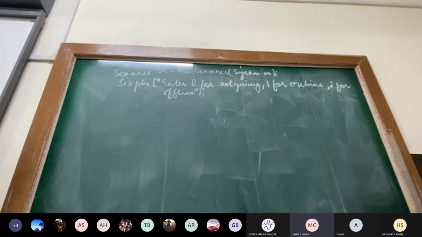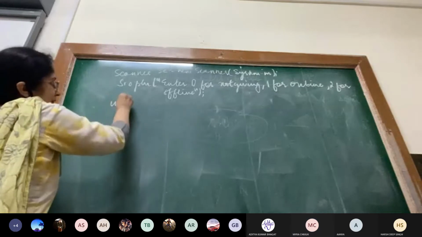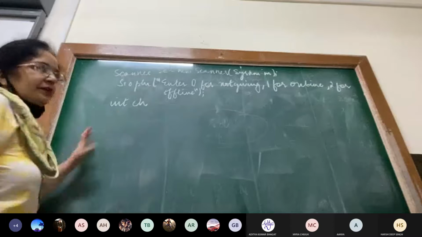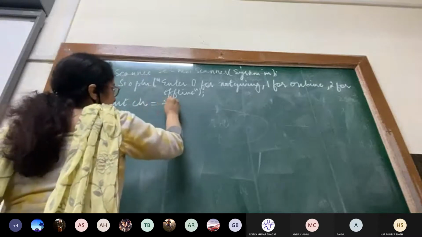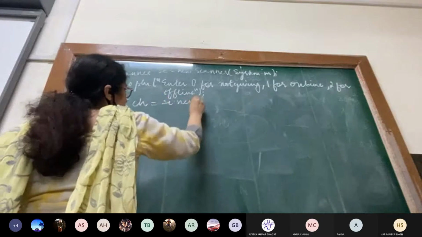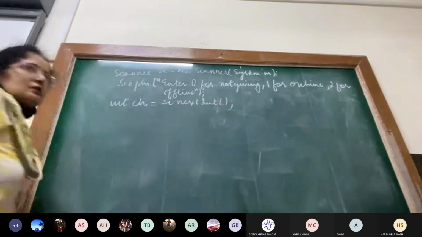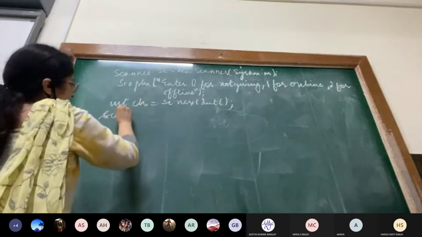Ma'am, for loop. Let me take the variable as cs, for choice, sc dot next int. Now what? Switch. Switch cs.